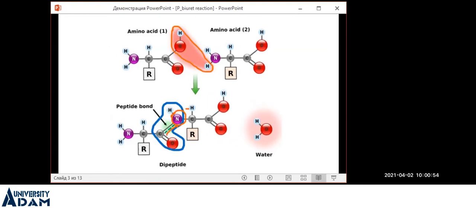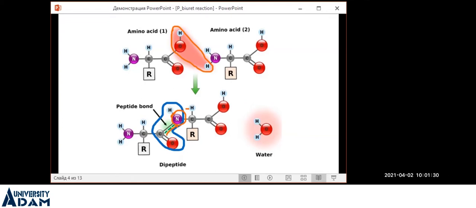And if we're talking about this reaction, we must remember that in the peptidic bond some electron density will be a little bit shifted from oxygen to nitrogen, and nitrogen will be charged negatively after this reaction.